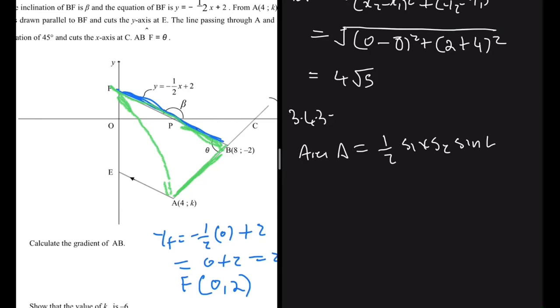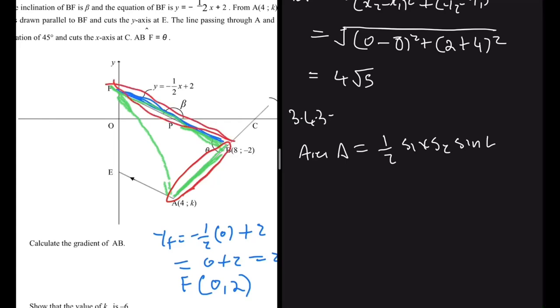So that's why it's usually written as just half base times height. But that is not always the case. You can choose to use the other sides as long as you will take sine of the angle the sides sandwich, right? So here for this question, I'm going to take side AB and side FB, right?